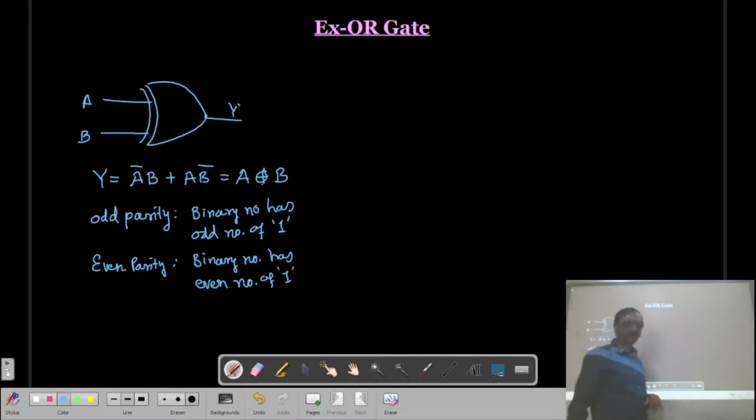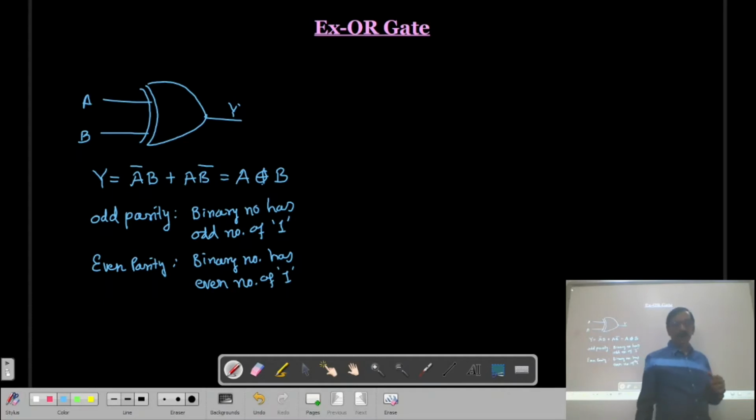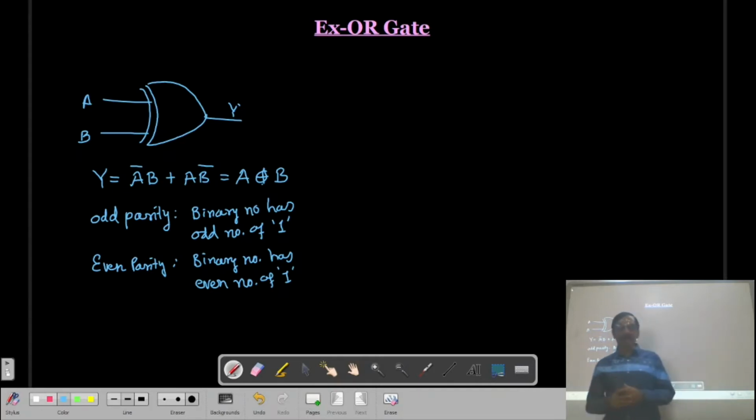Remember, this is useful when you are using an exclusive OR gate with more than 2 inputs. If you have 3 inputs, 4 inputs, or n number of inputs, and you want to write what is the output of the exclusive OR gate, then you just have to count how many inputs are with the high levels.